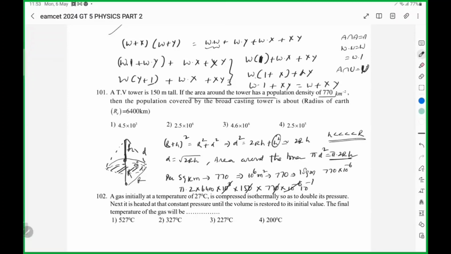So it is 2 pi into 6400 into 15 into 77. If you multiply all this, you get roughly 4.6 into 10 power 6.